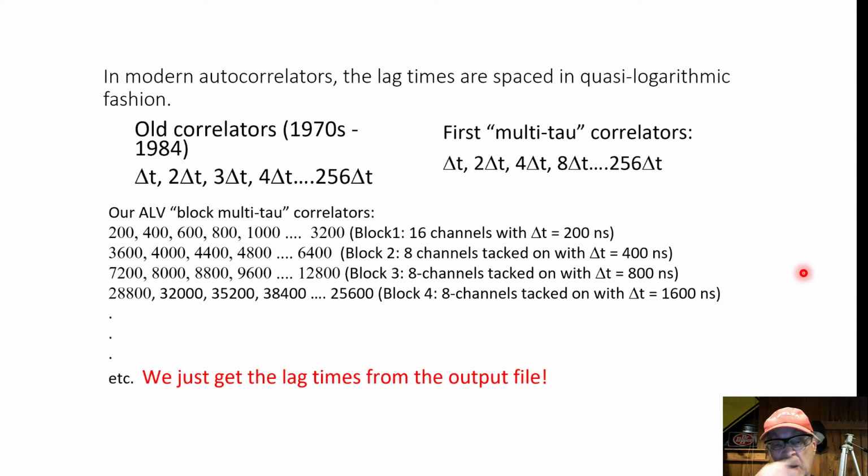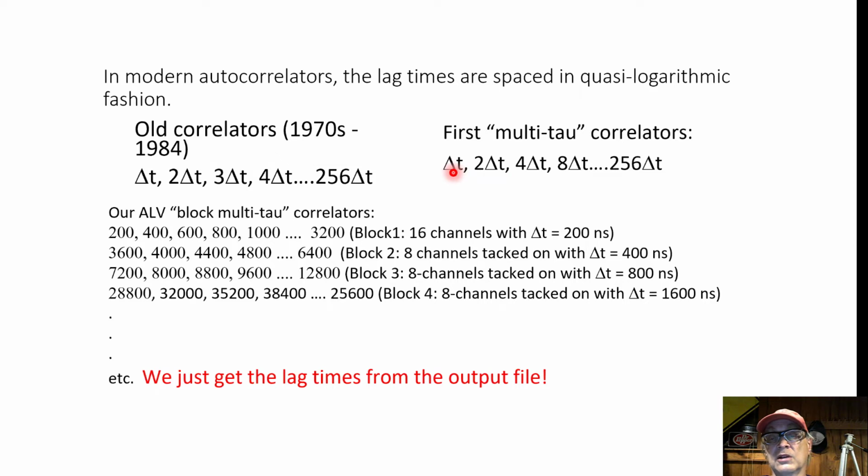Originally we really did it like I showed you. We would calculate delta T, 2 delta T, 3 delta T, and we could get up to 256 delta T. The circuitry to do that was fairly easy to implement for people who knew electronics. After a while, some mathematicians looked at the situation and said you don't need all that.